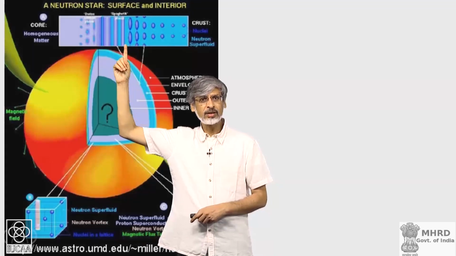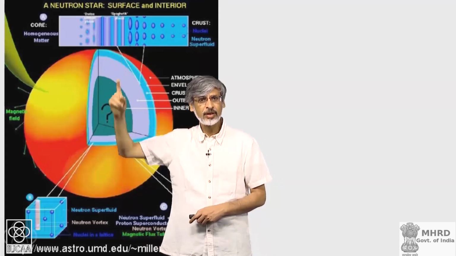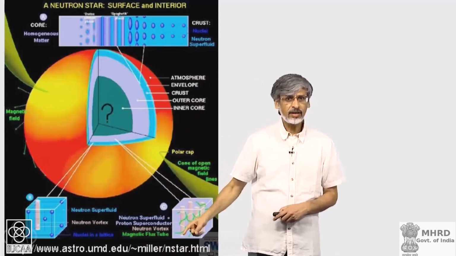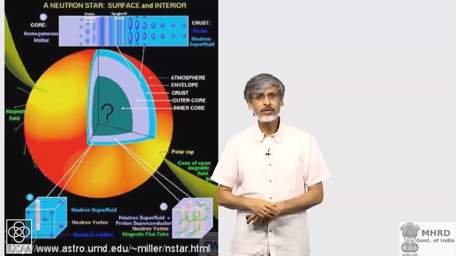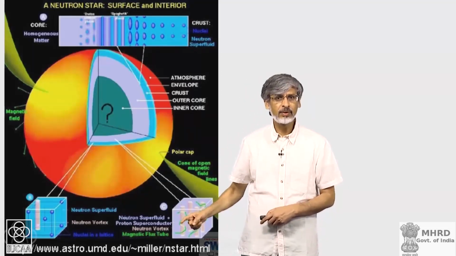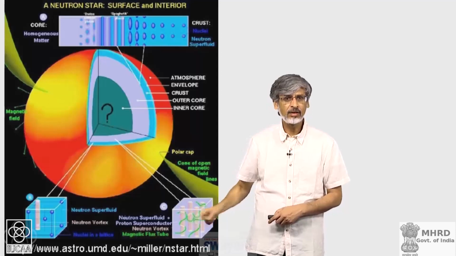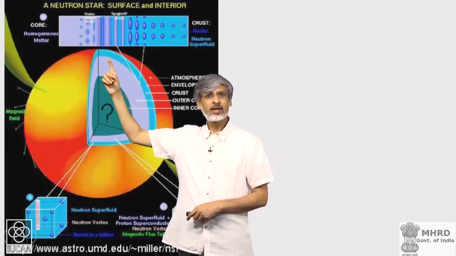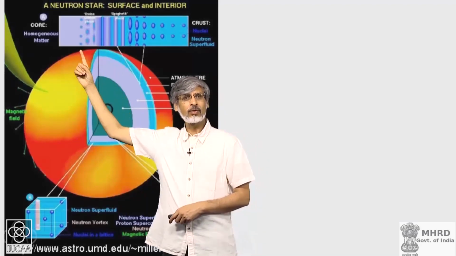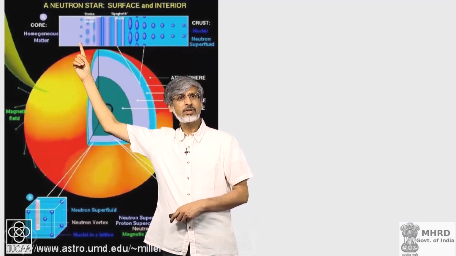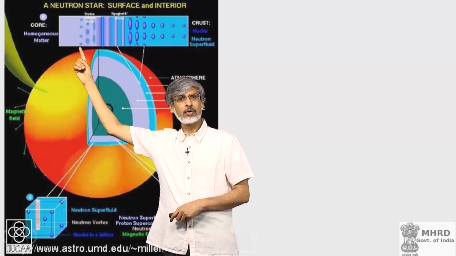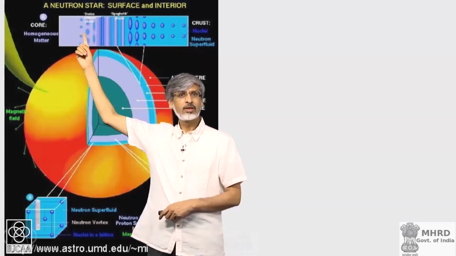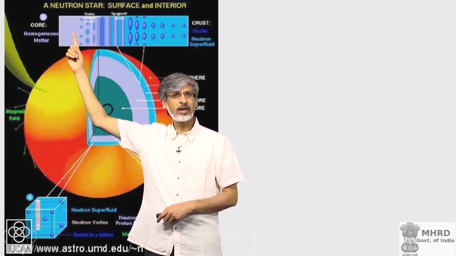They become columnar, and then they become sheet like and spaghetti like. So, the nuclei themselves are quite deformed near the base of the crust, and finally, the nuclei dissolve altogether, and you have just pure neutron, proton, electron matter with no nuclei in the core.